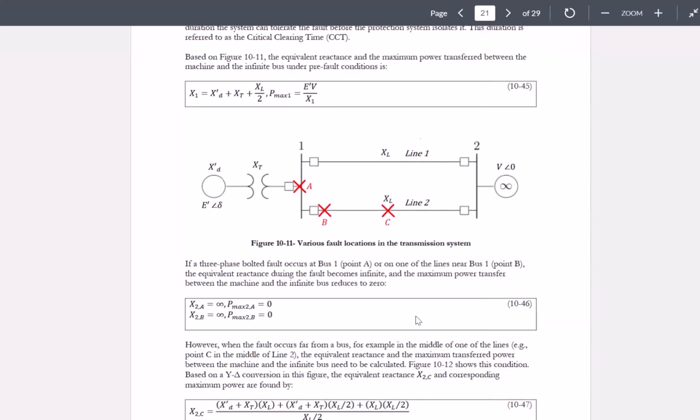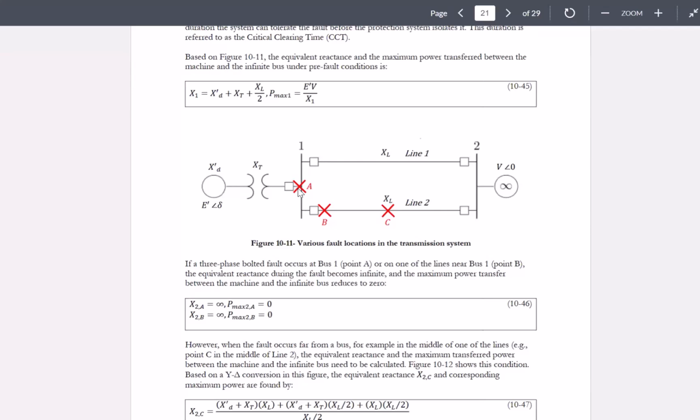Now, if the fault is happening at point A, and this fault is a bolted fault, so impedance zero, that point A is exactly on the bus, right? If that fault happens, would we be able to transfer any power to the infinite bus? Under normal circumstances, the current flows through the two lines and then power goes to the infinite bus.